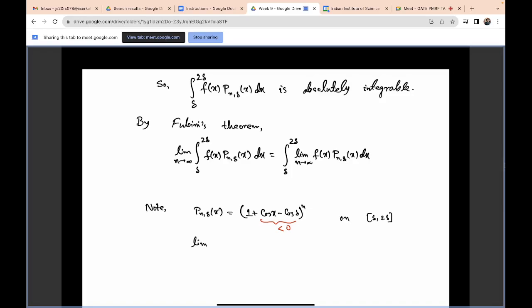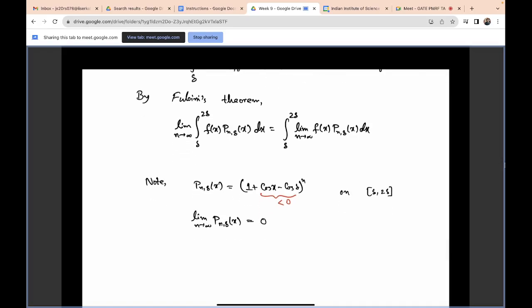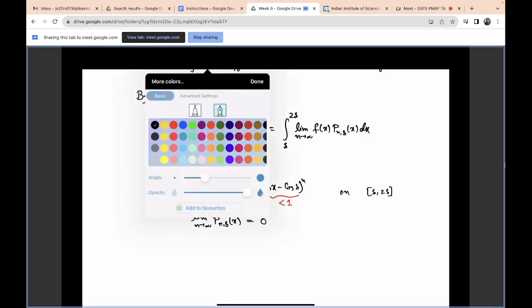So if you take n tends to infinity, it goes to 0.